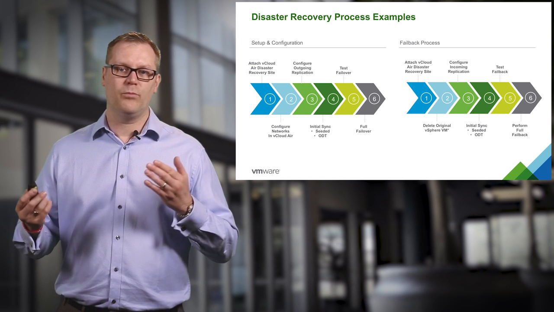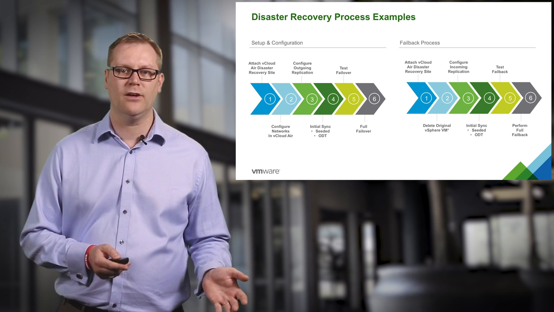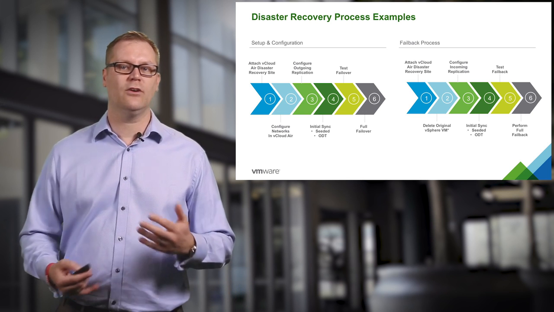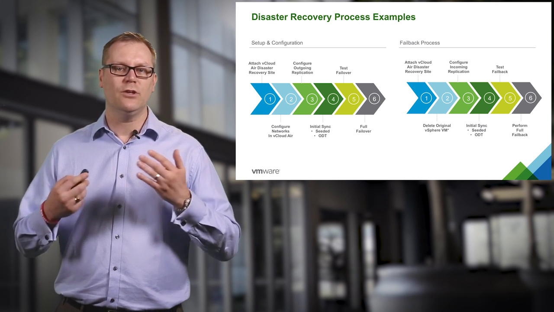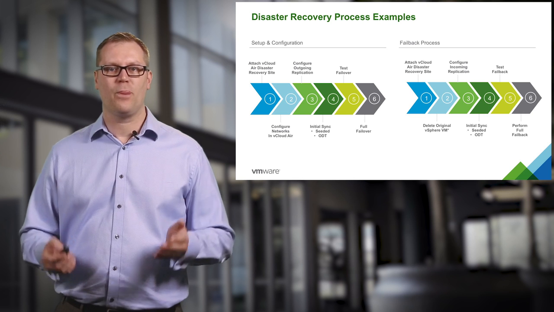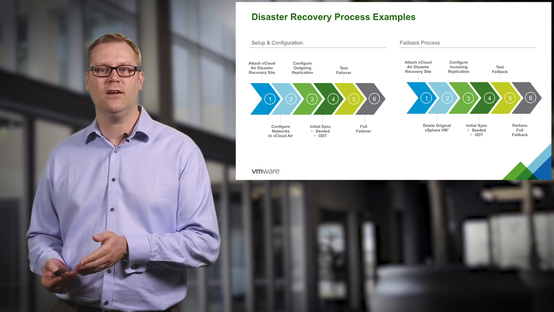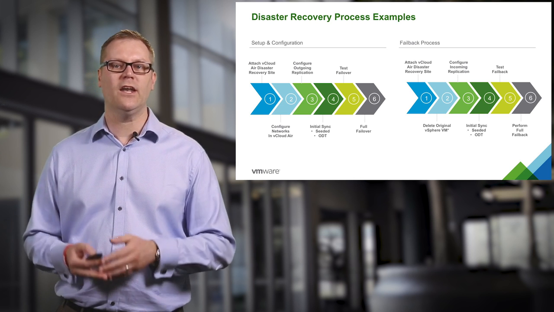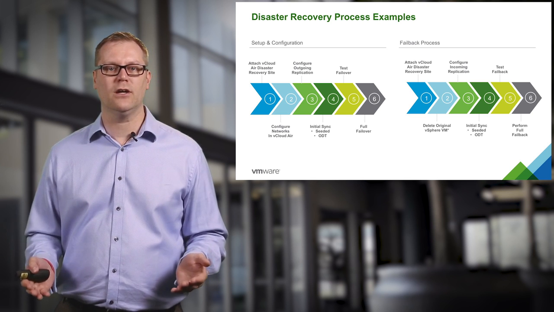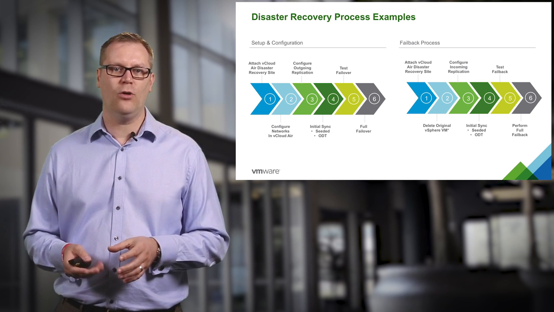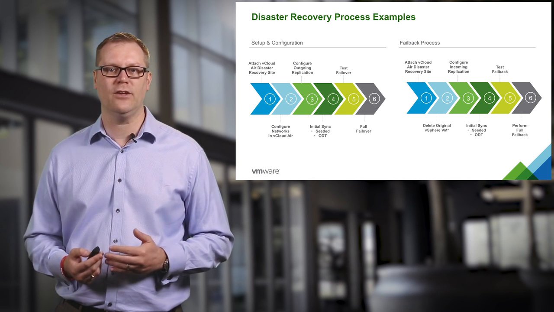If you're recovering to a brand new environment due to a data center explosion or any other kind of natural disaster, then that virtual machine wouldn't exist. So you don't really need to perform that step. Then you configure incoming replication, you do your initial syncing, you test the failback, and then you perform a full failback. So we've walked through all the steps here that you actually need to perform to replicate to a cloud and then recover from the cloud in the event of a disaster.